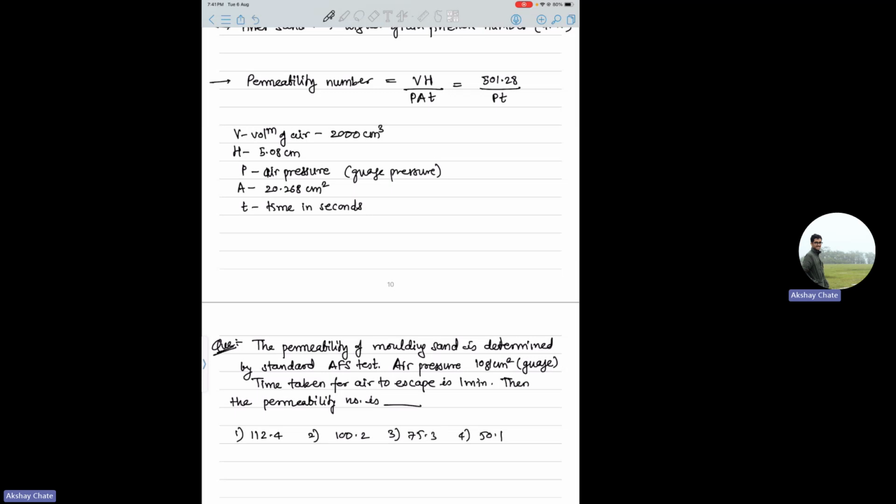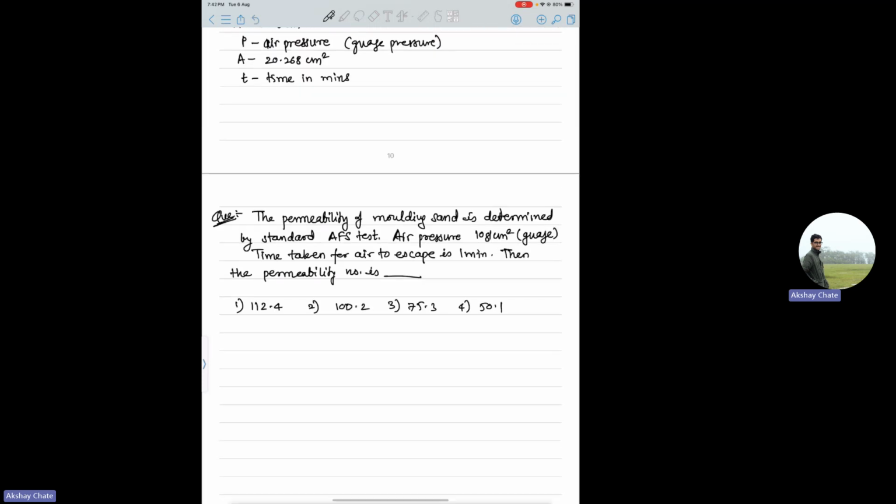So what is that? 2000 into 5.08 divided by 20.268. Yeah, so 501.28 is correct. And then if you divide by 10 and divide by the time, oh, the time is not in seconds, it is in minutes. Yeah, that is why we are not getting the answer. This time should be in minutes.